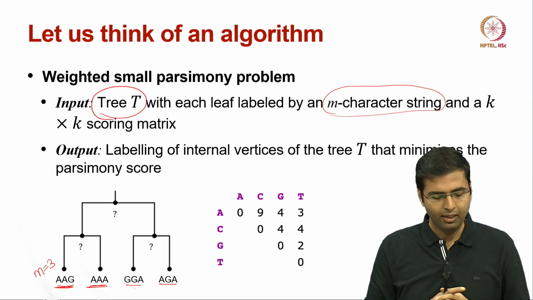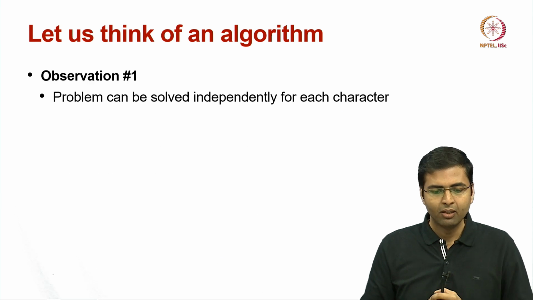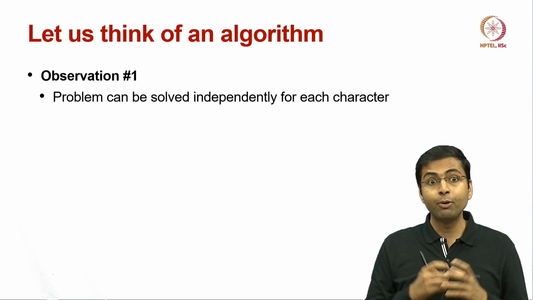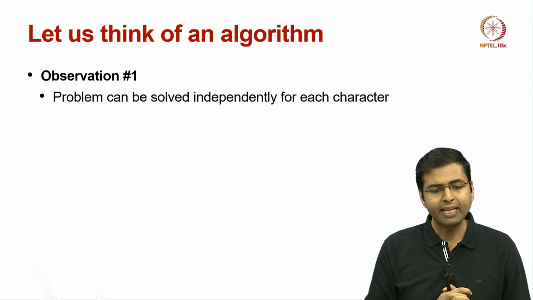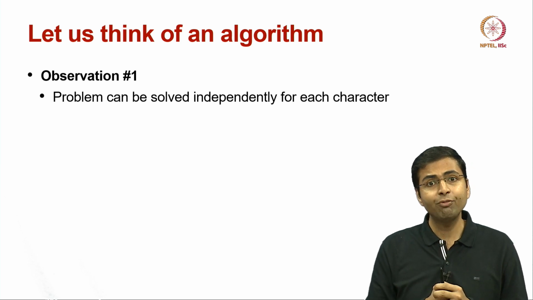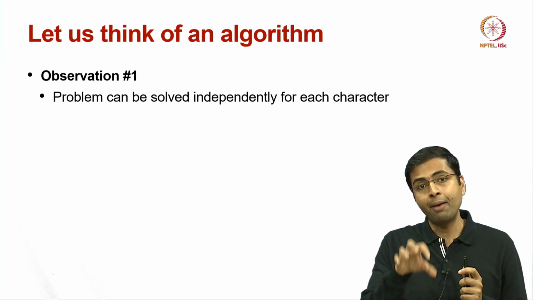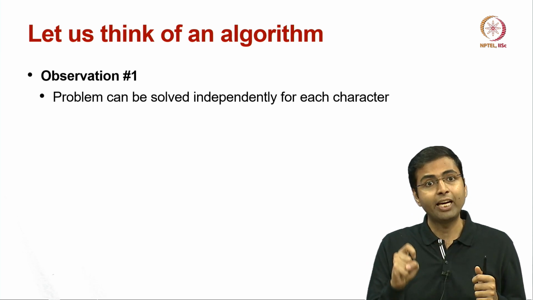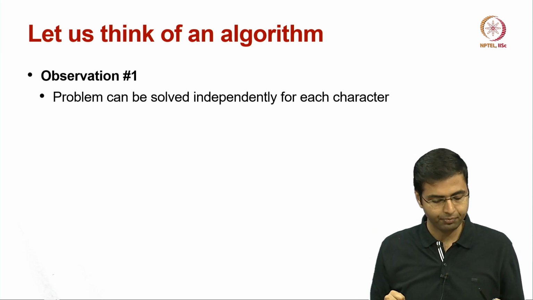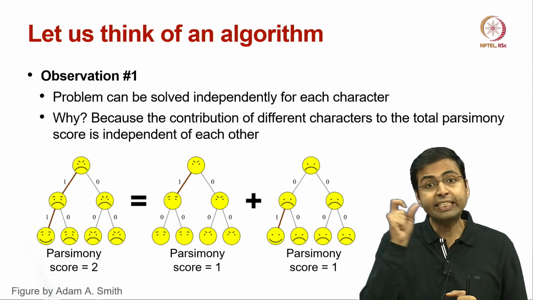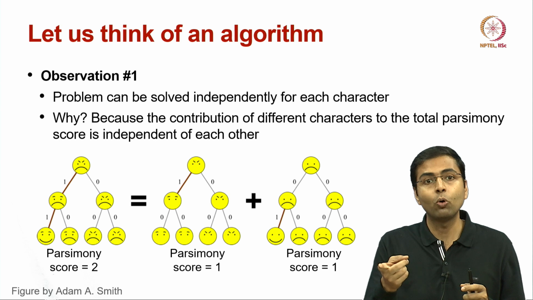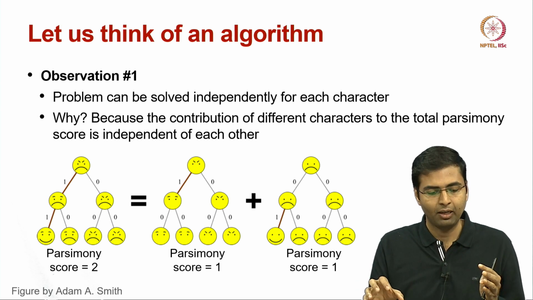Well, okay. So, first observation which may be useful in finding the algorithm is that this problem can be solved independently for each character. That is, we do not have to look for all m characters simultaneously, we can look at them one by one. This is because the contribution of each character to the total parsimony score is independent of each other.